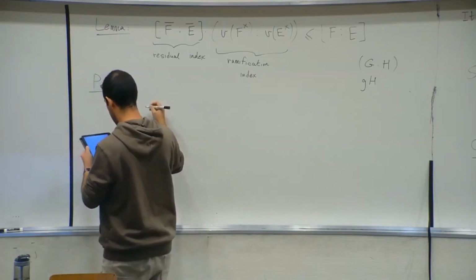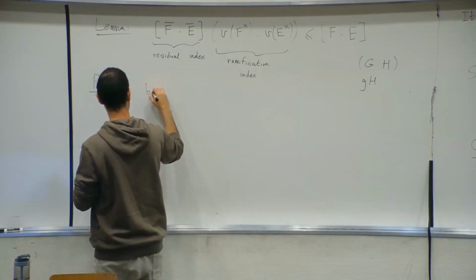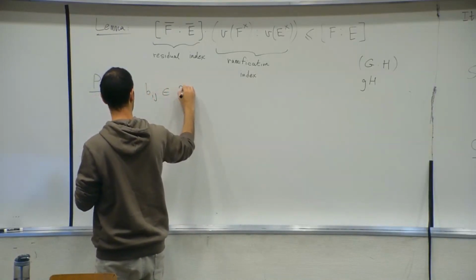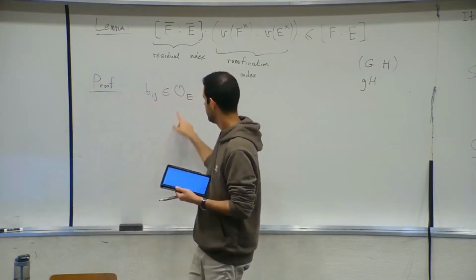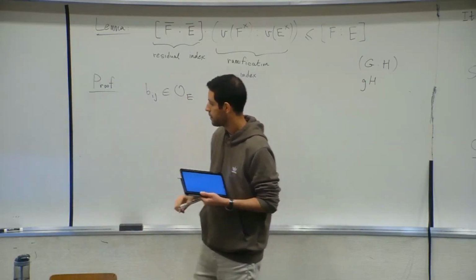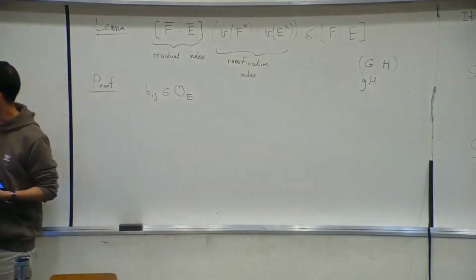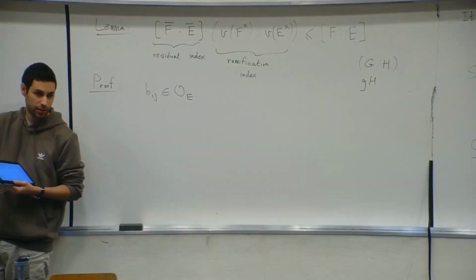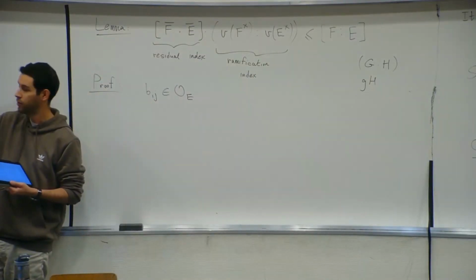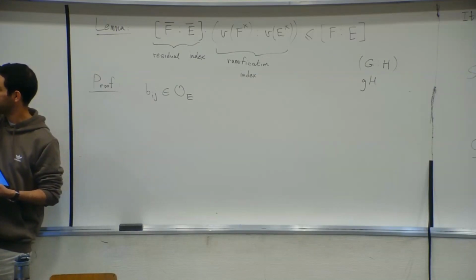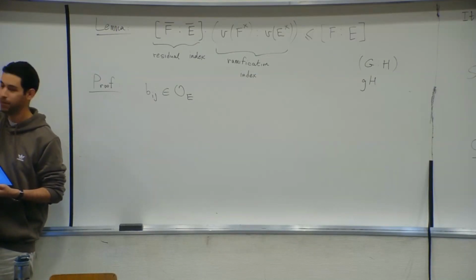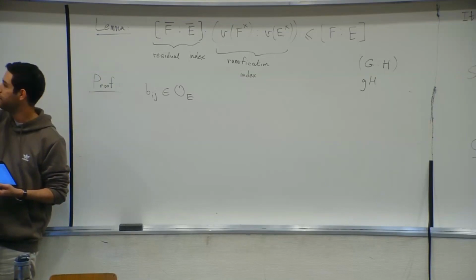So in other words, bij belongs to the valuation ring. Why is akj not 0? We assume that there is some i such that aij is non-zero, so its valuation is not infinity. So k is the minimum, so it should be finite. V of akj is finite, so it cannot be 0.